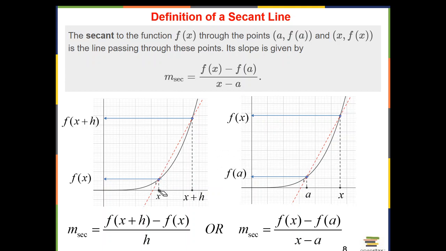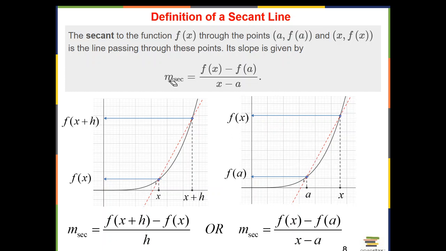There are two ways to name them. So first, let's use this one, it's easier. We're going to call the first input A and the second input value X. So the y coordinate for this input would be f of A, and for that would be f of X. So the slope of this, the rate of change from A to X, is really the slope of this line, the red one here, which is called a secant line, right?